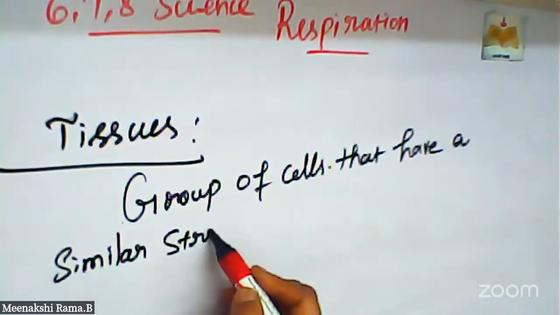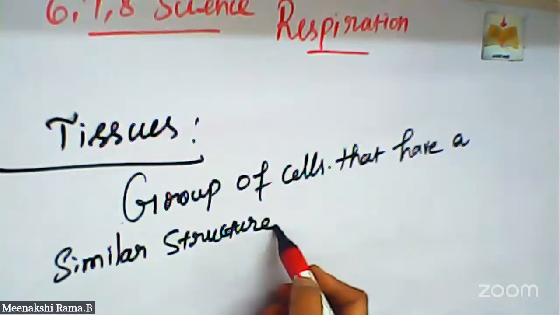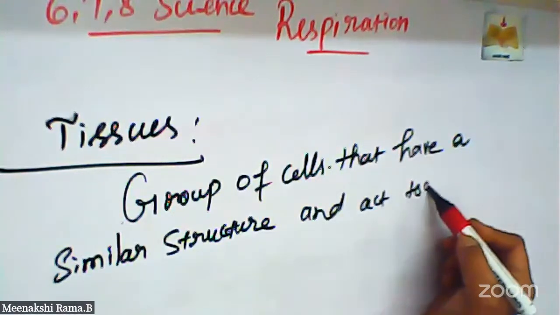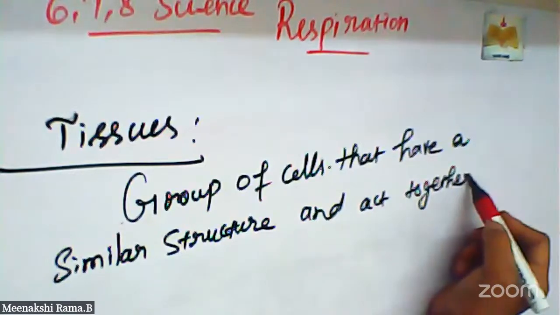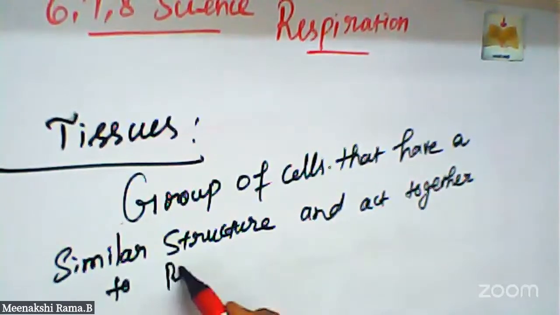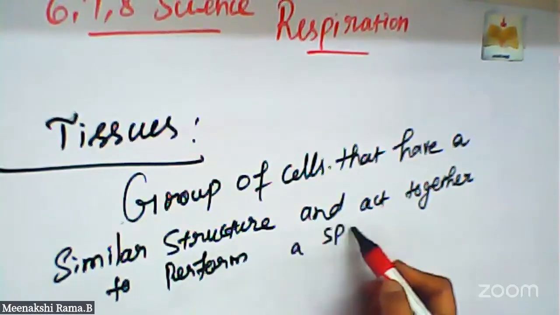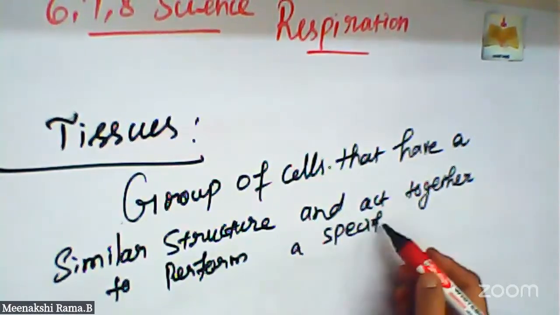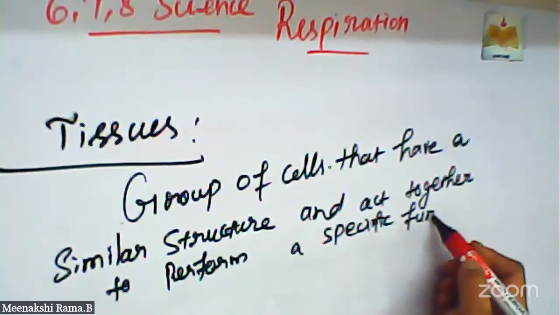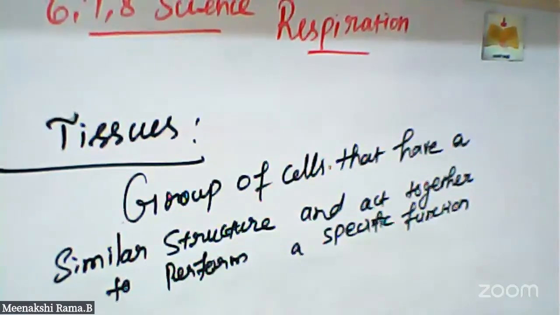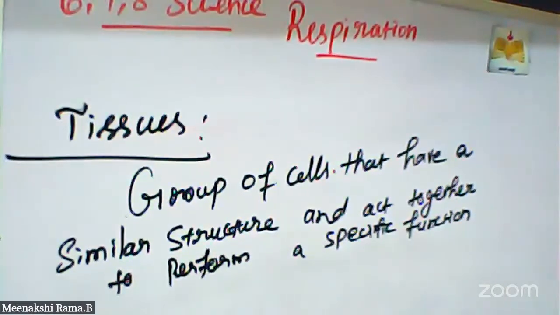The cell structures are similar in area and act together to perform a specific function. Different kinds of functions are done in our body: respiration, digestion, excretion, circulation. These are all the functions of our body.